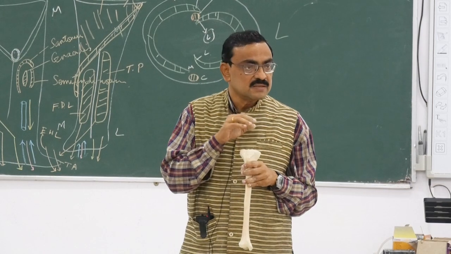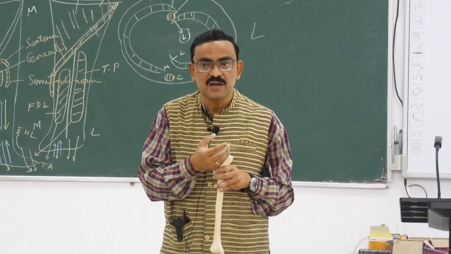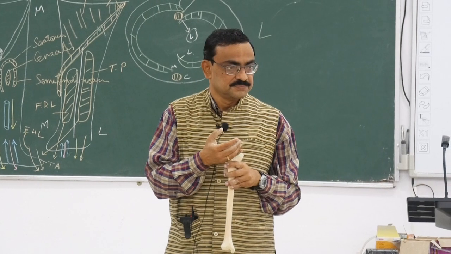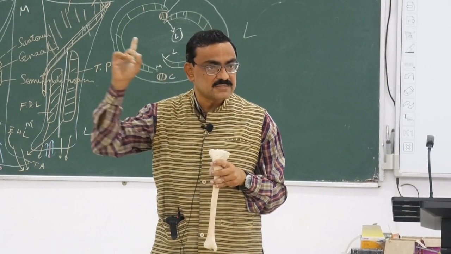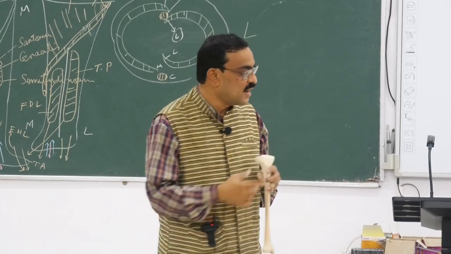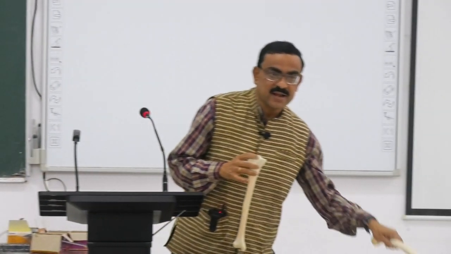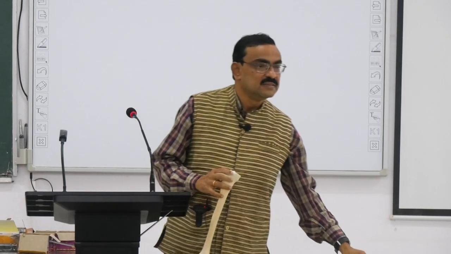But the lower end of the femur and upper end of the tibia violate the law, because the secondary center appears just before or at birth. It has medico-legal importance.